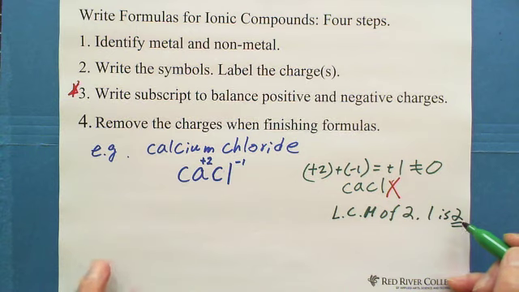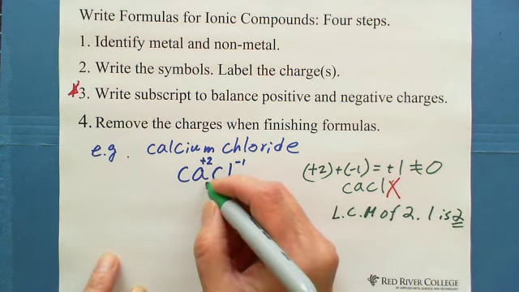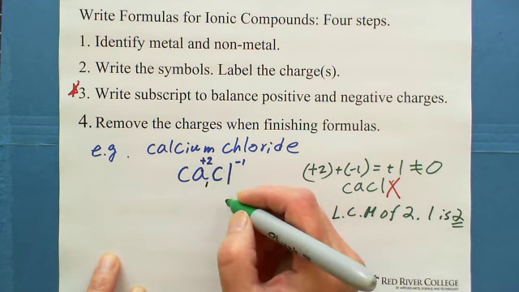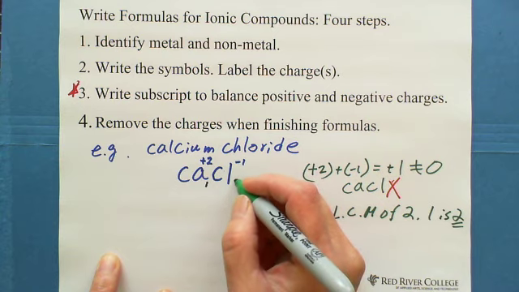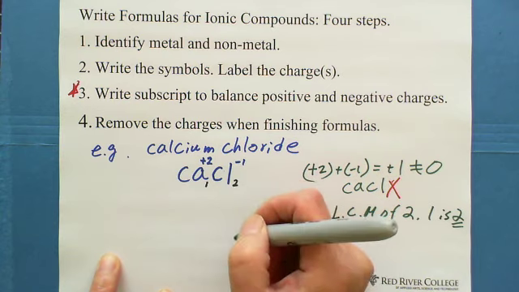So that means the total has to be 2. This is already 2, so the subscript is 1. And this is -1, you make it -2, so you have to write the subscript 2.